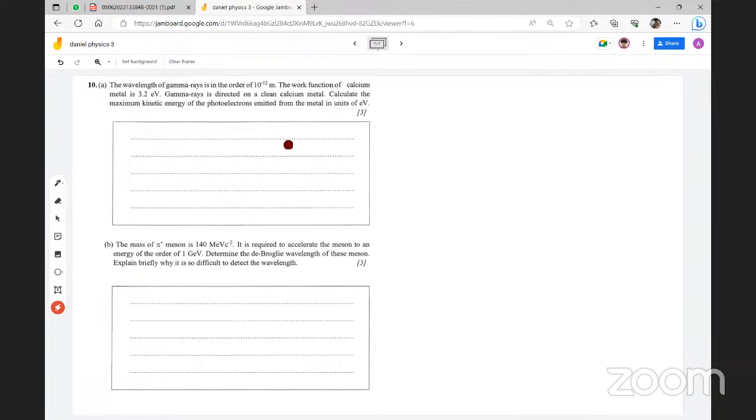So E equals hc over lambda. h is a constant, and those two things are constant, right? You know them.